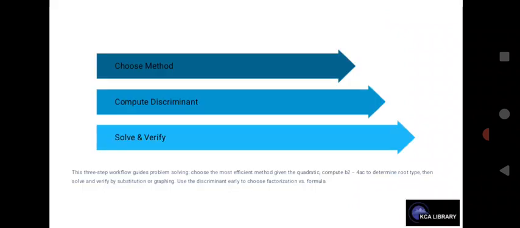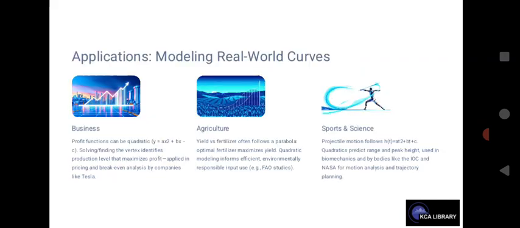It's easy when you have a formula for any mathematics. Alright? So how do you approach questions on quadratic equations? First, when you see a question on quadratic equations, you have to think and choose your method, then compute your discriminant, and solve. After solving, you can also verify your answer.